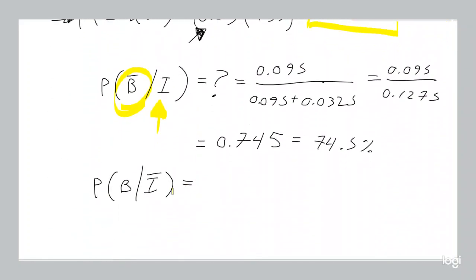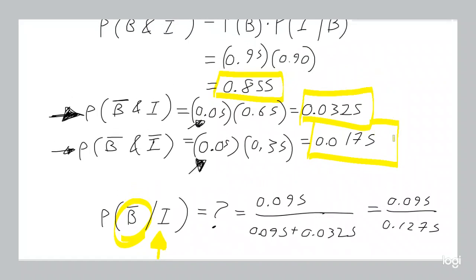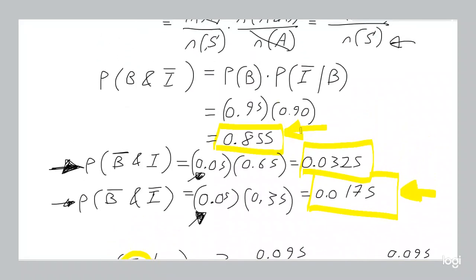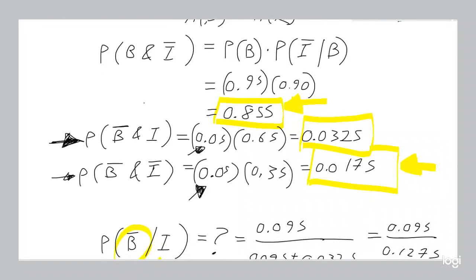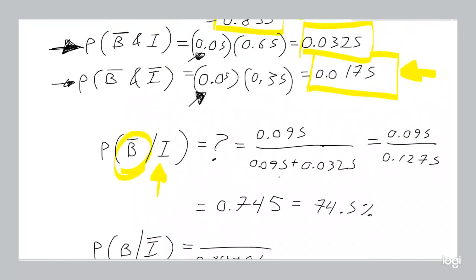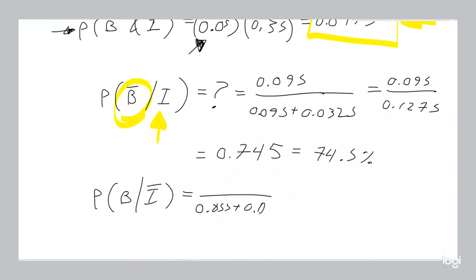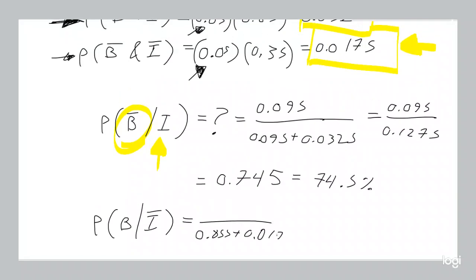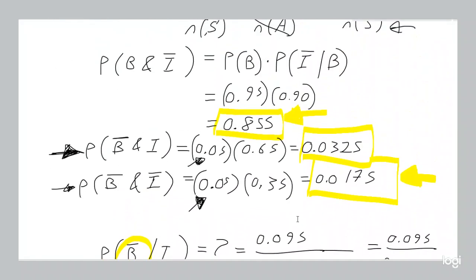It's given that they didn't receive an injury, so there's this one here, and then there's this one right here, another portion of people who didn't receive an injury. The total portion that did not receive an injury is 0.855 and 0.0175.